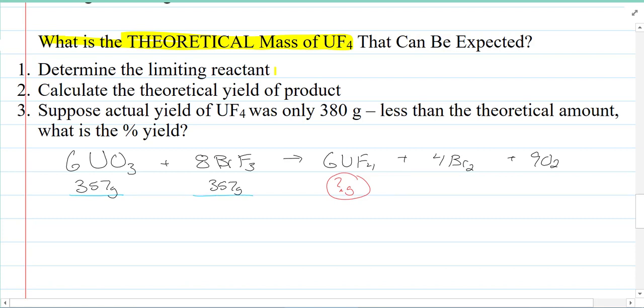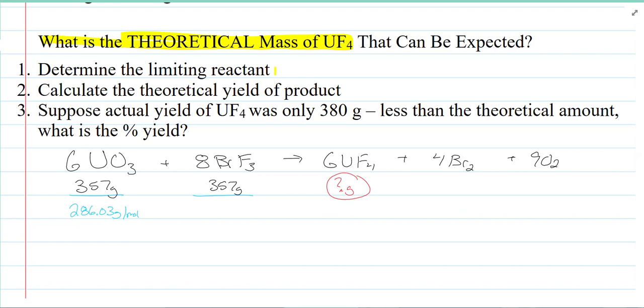Well, what's the molar mass of UO3, uranium 6 oxide? Well, uranium is 238.03 plus oxygen 16, 3 of those. I get 286.03. Bromine happens to be 79.9. Fluorine is 19, and 3 of those.